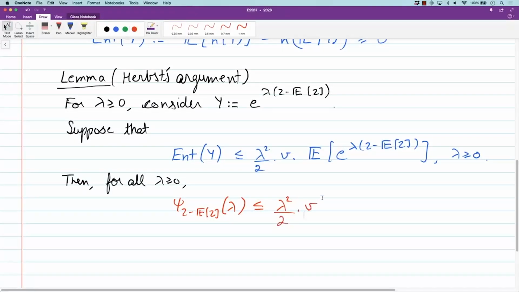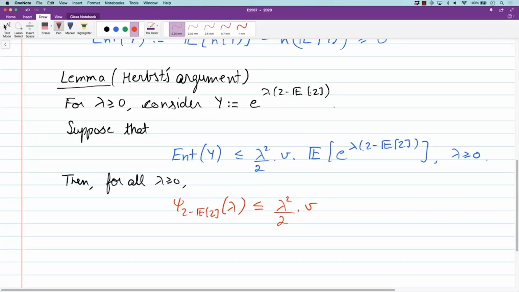This is Herbst's argument, essentially the generalization of the claim that we have seen earlier. What's very interesting is that if this claim is true, which we'll show now that indeed it is, then this will give us a way of deriving a sub-Gaussianity bound.